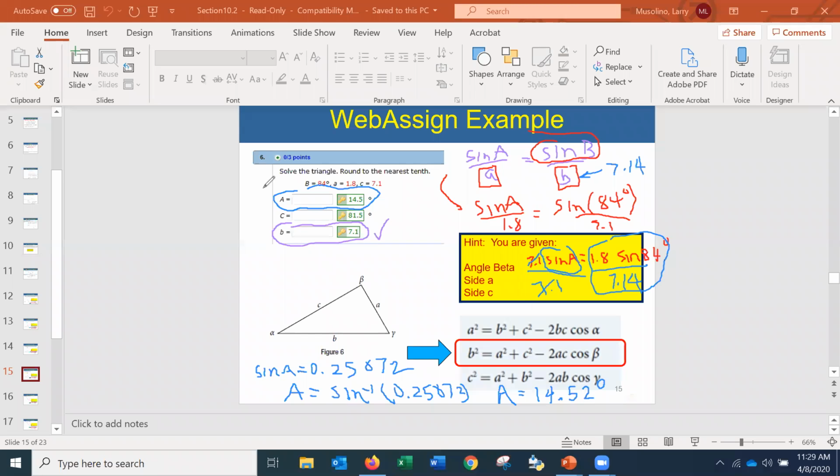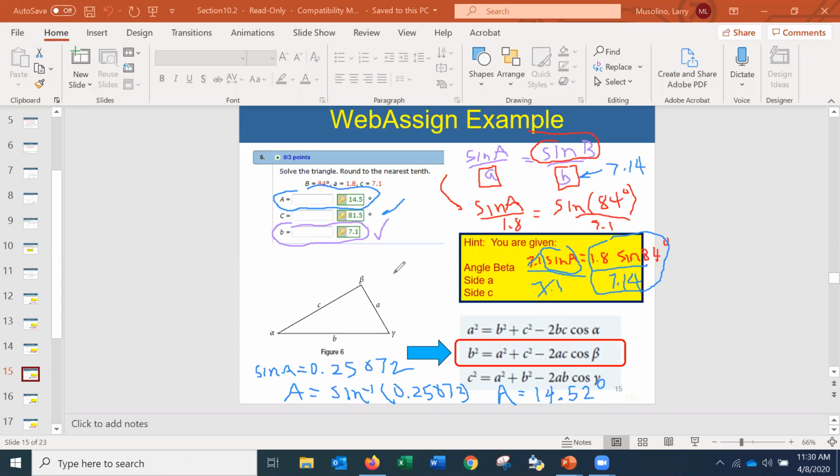The last step then would be to figure out angle C. But angle C is going to be easy because if you know two angles of a triangle, you can always figure out the third angle by adding the two angles together and subtracting from 180 degrees. So angle C would be easy to calculate here.